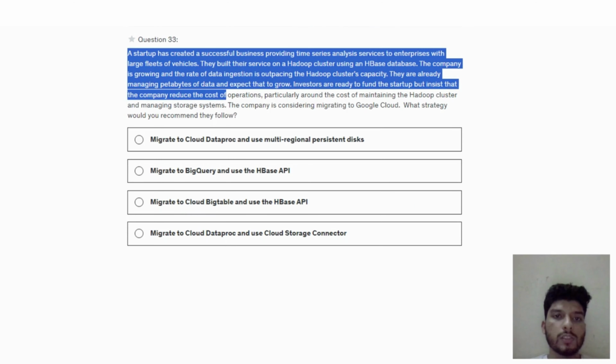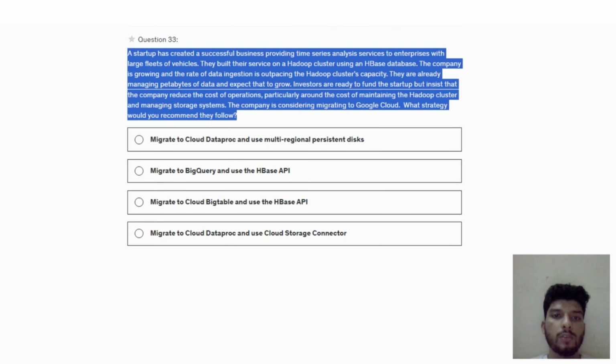And here's a question. You have to select the one right option from the options available. Option one is migrate to Cloud Dataproc and use a multi-regional persistent disk. Option two is migrate to BigQuery and use the HBase API. Option three is migrate to Google Bigtable and use the HBase API.